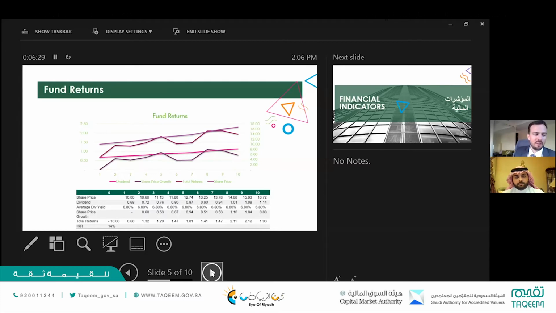Another one of the attractions of REIT investing compared to commercial real estate asset investments is liquidity. So liquidity is important for investing. It means you can get into the market confident that you can exit the market at the market price within a reasonable amount of time.